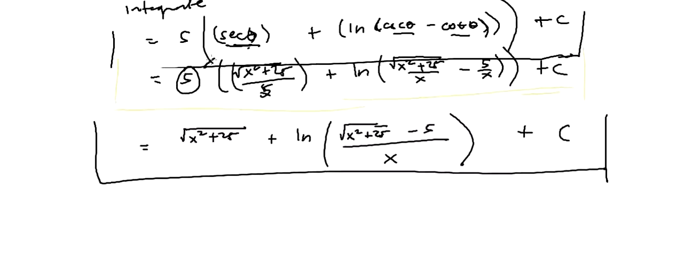And do not forget that the ln term is also multiplied by 5. Okay, so we have square root of x squared plus 25 plus 5 ln of quantity square root of x squared plus 25 minus 5 all over x, then quantity plus c.